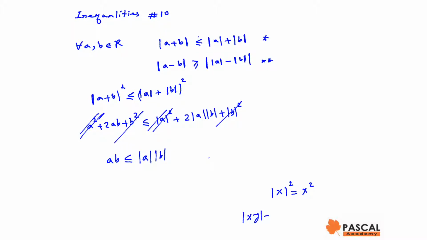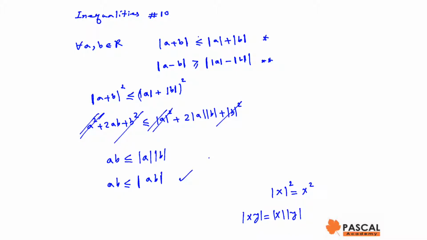We know absolute value of x times y and multiplication of absolute value of x and absolute value of y are the same. Therefore, star is equivalent to ab is smaller or equal than absolute value of ab, which is always true.